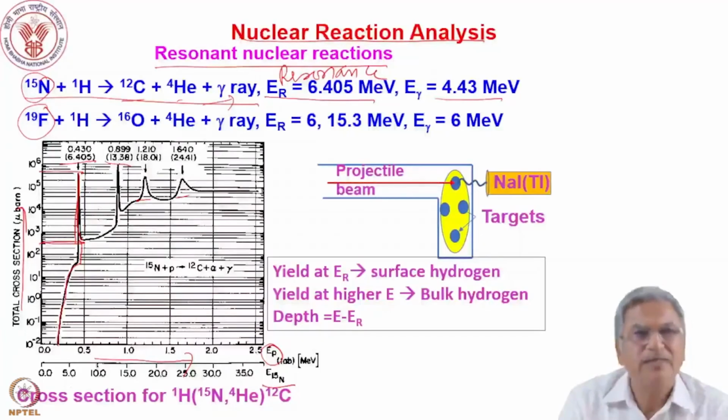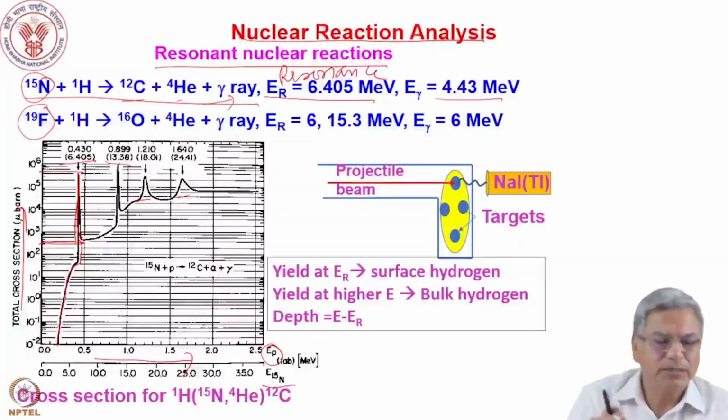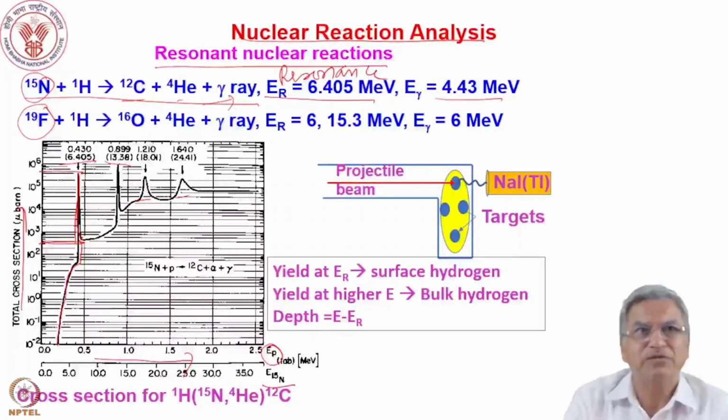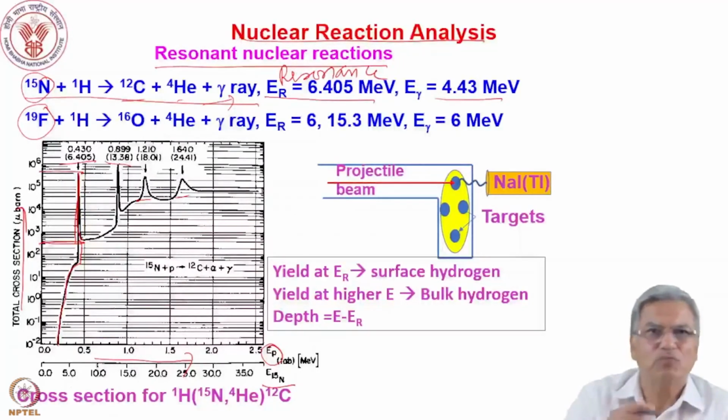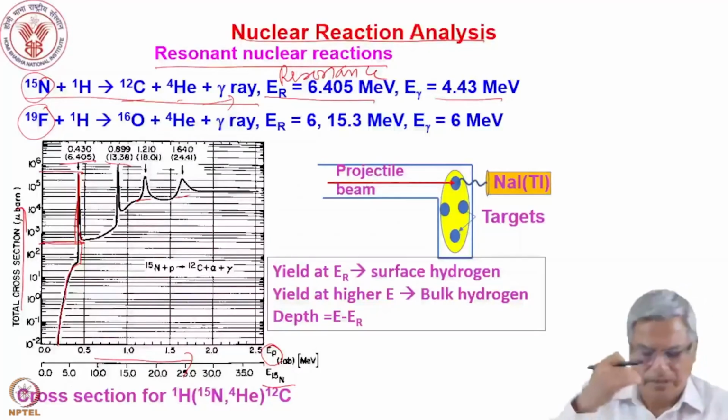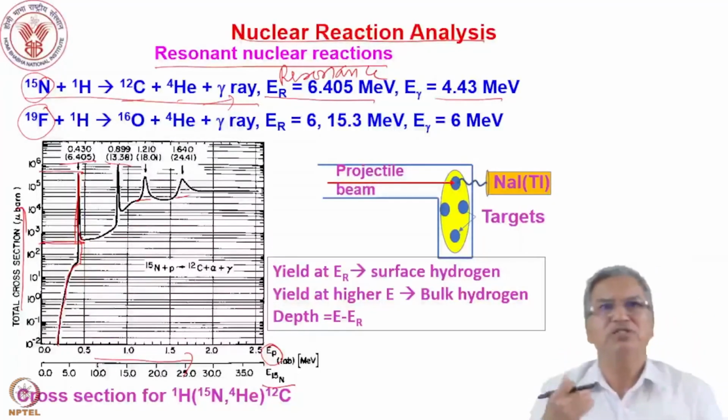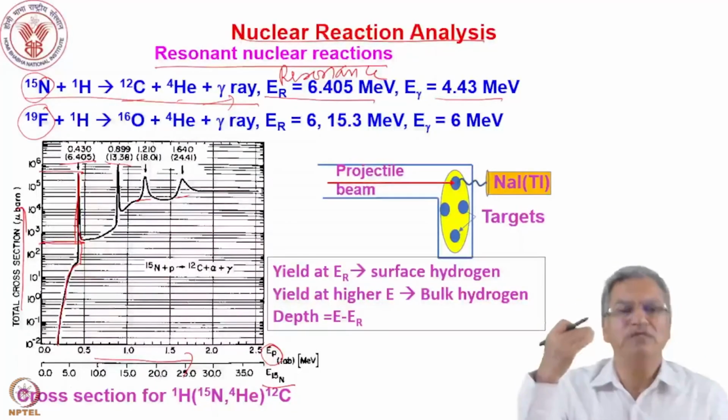So if you bombard a material containing hydrogen at the surface with nitrogen 15 at 6.405 MeV, you will get a very high increase in the gamma ray yield. The moment the energy of nitrogen agrees with the resonance energy, there will be a 3 orders of magnitude increase in the gamma ray yield.